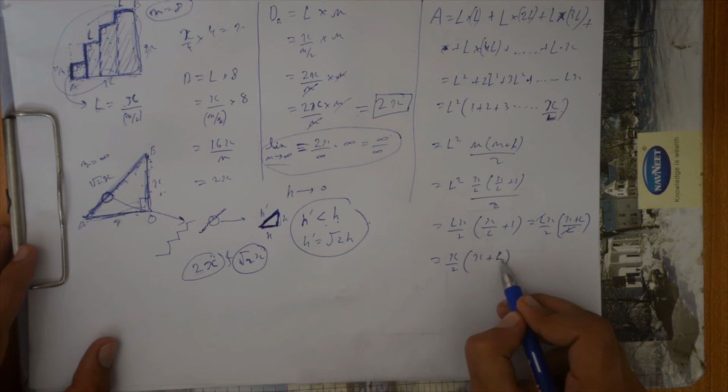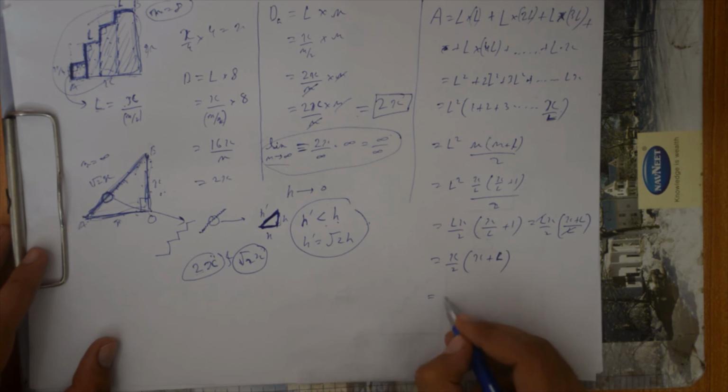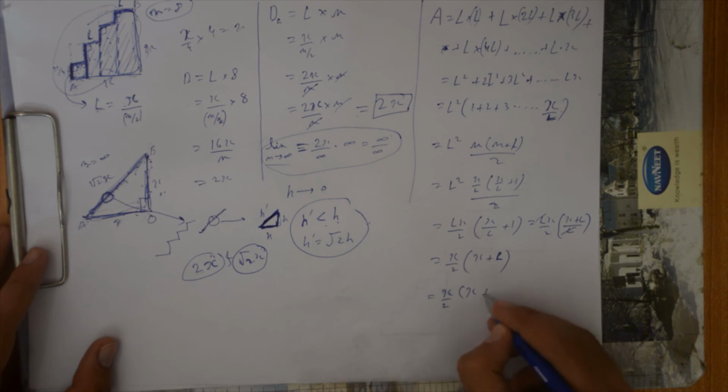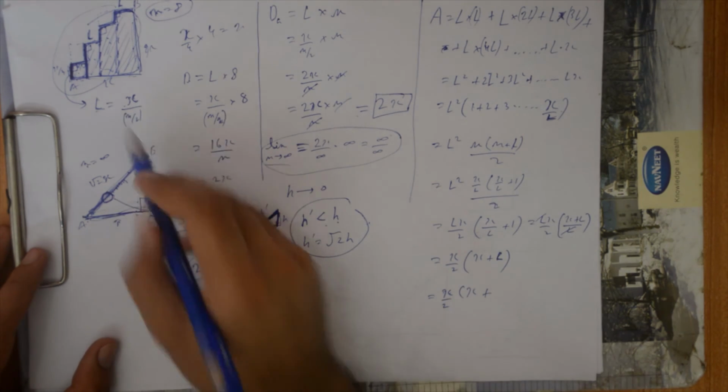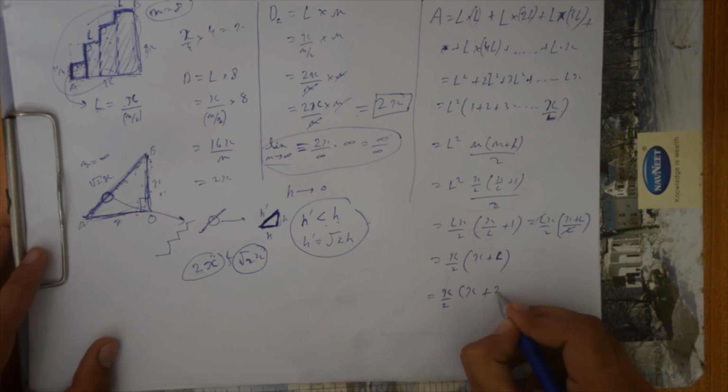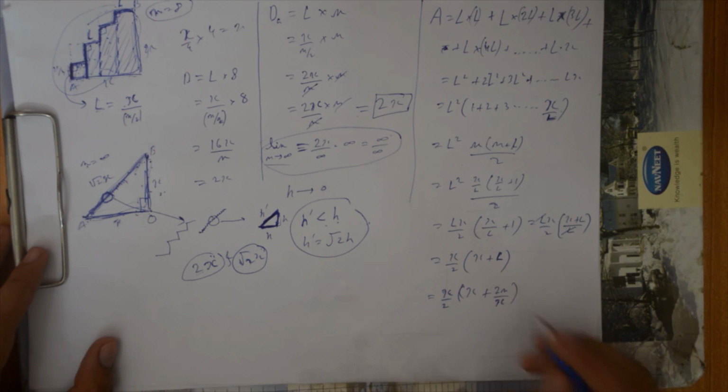And let us also insert the value of L: x upon 2 into x plus L, and we know that L is equal to x upon n by 2. Okay, this is the final equation.